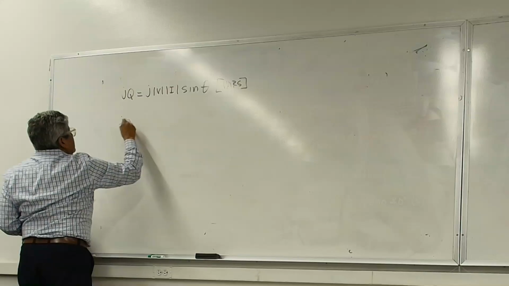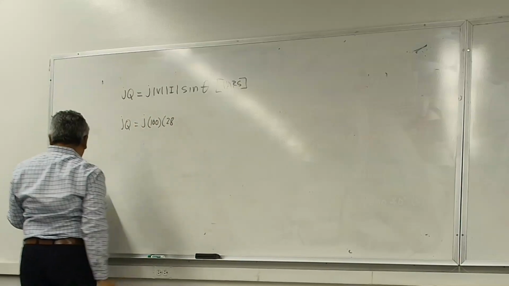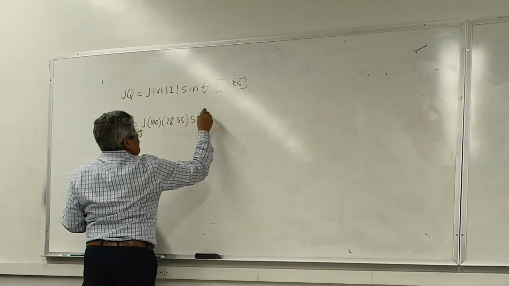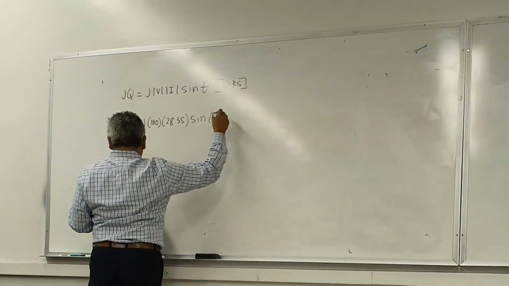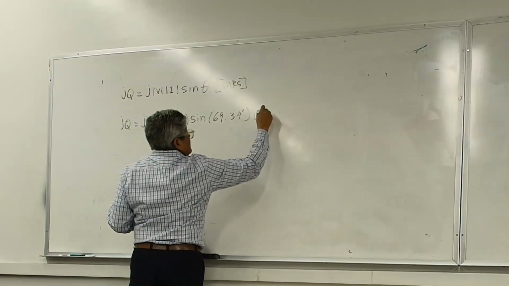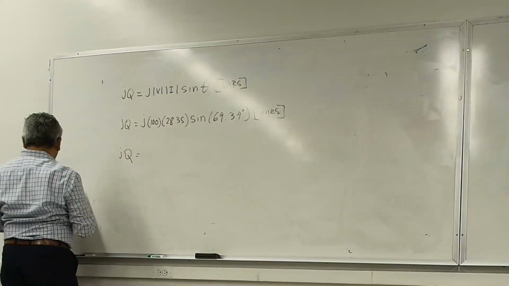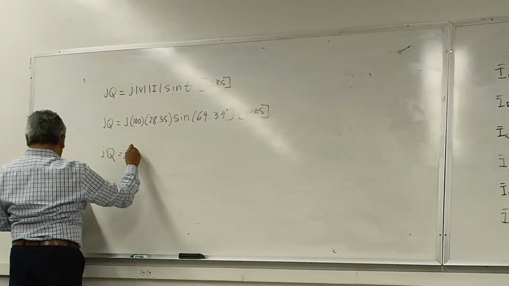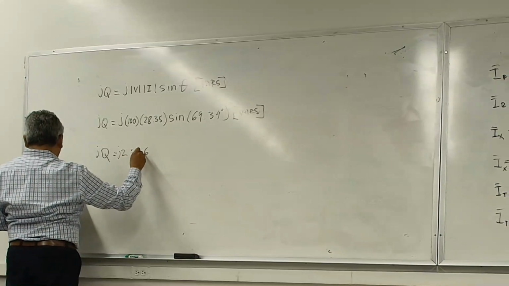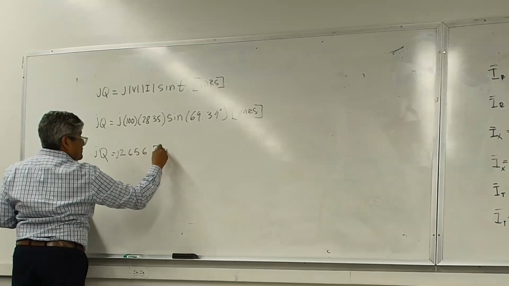So jQ is equal to j 100 times 28.35 times sine of 69.34 degrees, again in vars. And jQ is then equal to j 2656, approximately, 2656 volt-amperes reactive, vars.